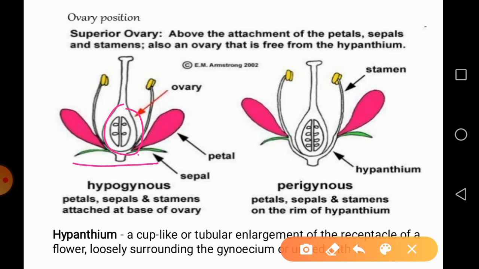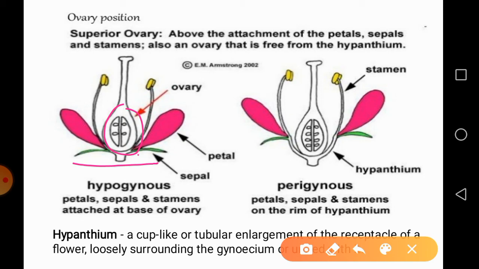So such a condition is called as a hypo. So hypo means below, gynous means gynoecium. So petal, sepal, stamens present below the ovary or at the base of ovary, then that condition is called as a hypogynous, and ovary is said to be superior ovary.